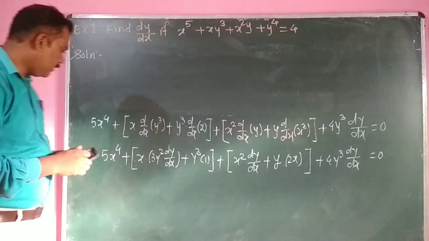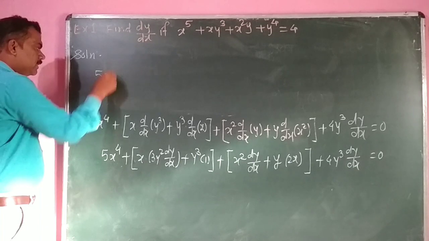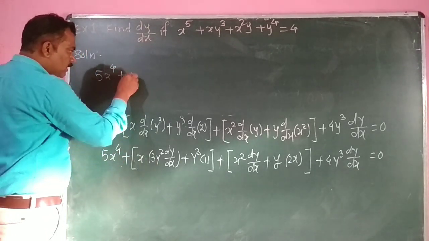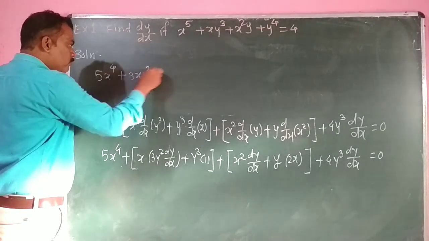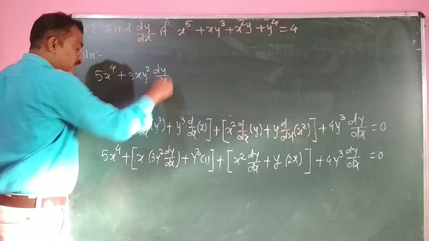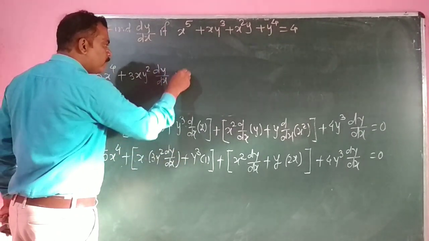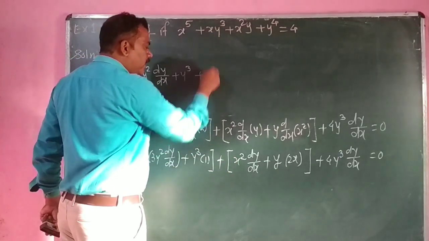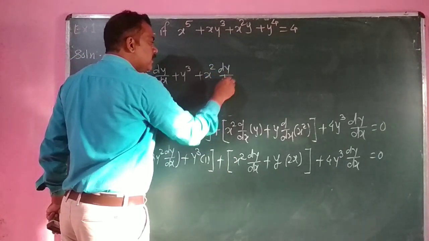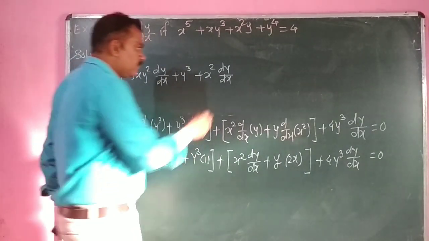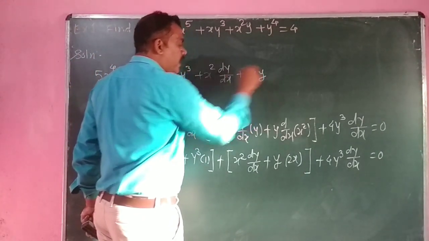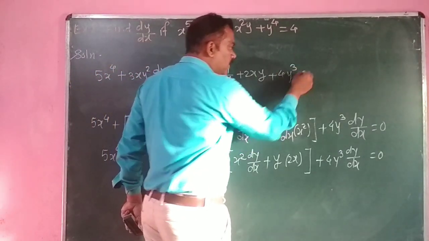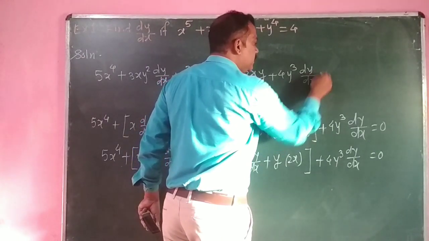Now we have to write in the simplified form, that is 5 times x raised to 4 plus 3x y square dy by dx plus y cube plus x square into dy by dx plus twice xy plus 4y cube dy by dx is equal to 0.